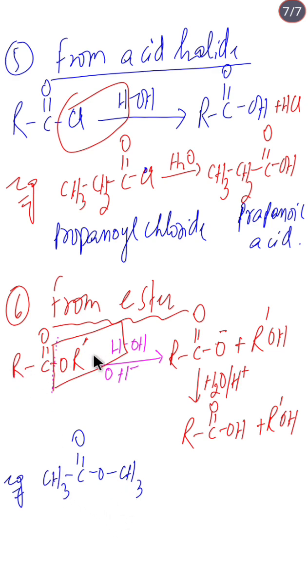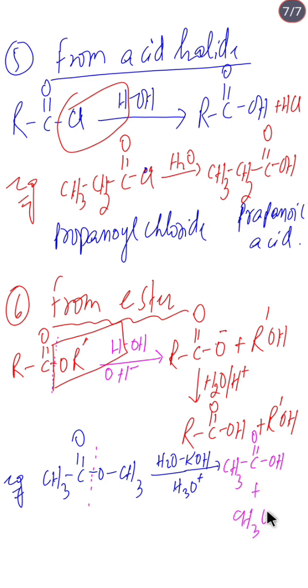I'm taking the two alkyl groups the same, and if it is reacted with water in presence of a base, and if those products are hydrolyzed in presence of an acid, then we can directly write the carboxylic acid here, CH3COOH, plus methanol. These two products will be obtained.